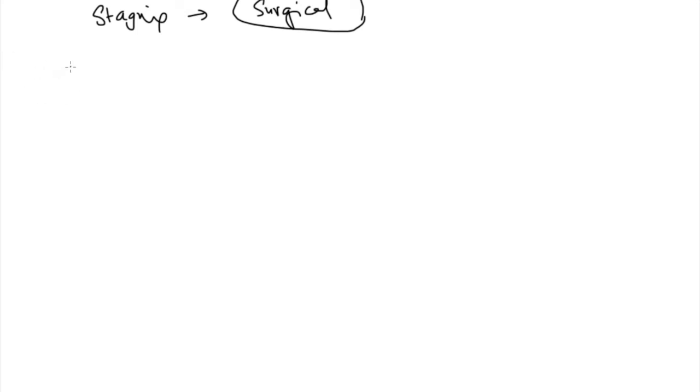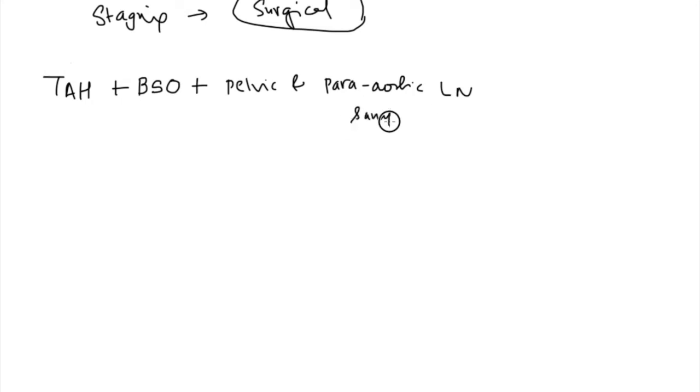We are going to do a total abdominal hysterectomy, and bilateral salpingo-oophorectomy with pelvic and para-aortic lymph node sampling or dissection. Basically, we are going to take these samples and study if there are tumor cells in these areas, and we will come to know how far the tumor has gone.